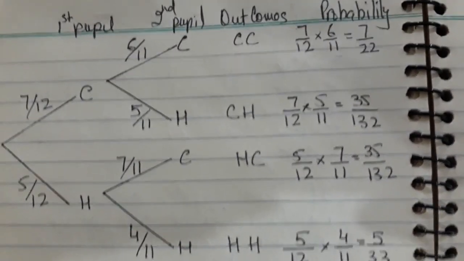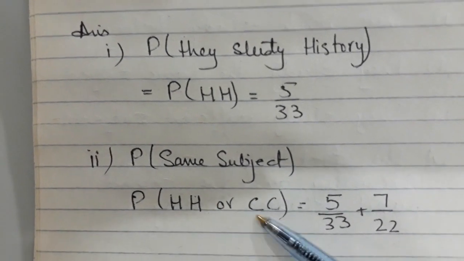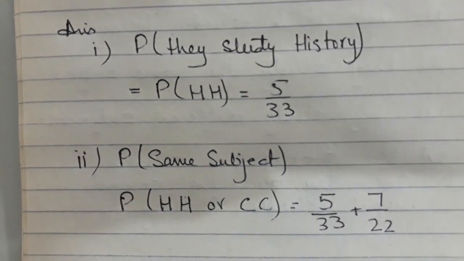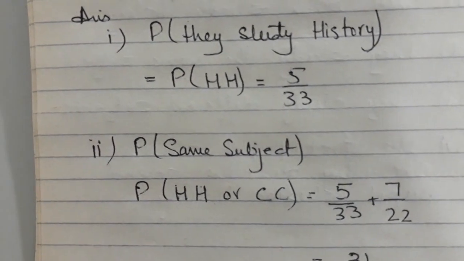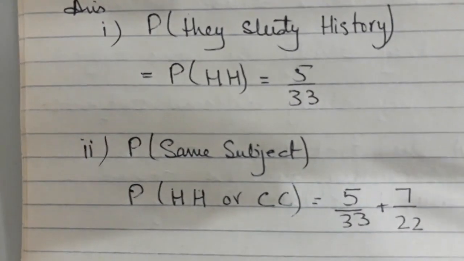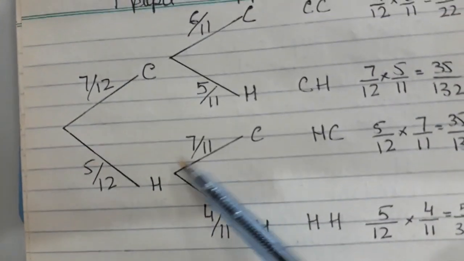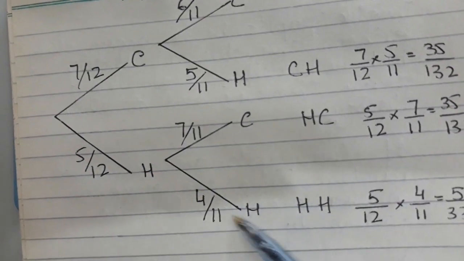Because when the question says same subject, it means history, history or chemistry, chemistry. And I just told you earlier in the first video, when it is 'or', it means either this or this, so we add up the probabilities. But along the branches we multiply. So when we were saying history, history, we were actually multiplying them, right?